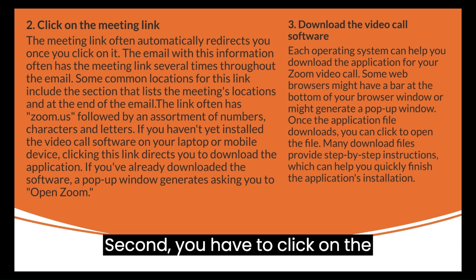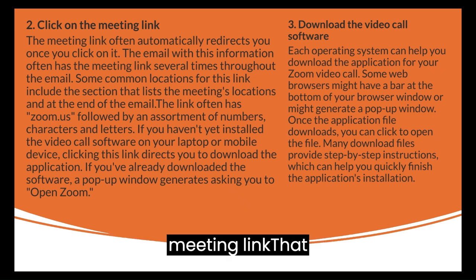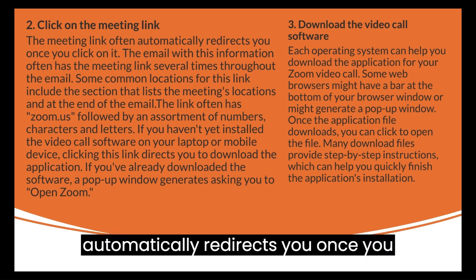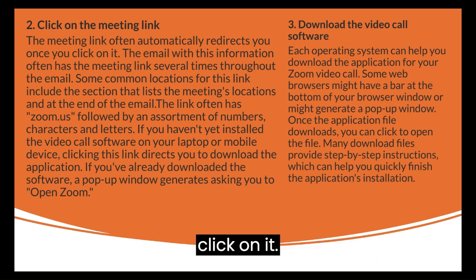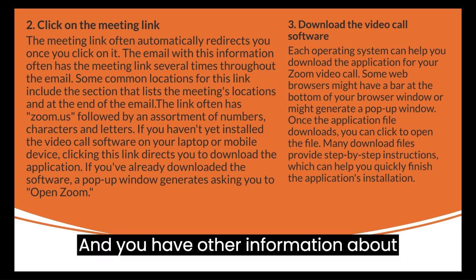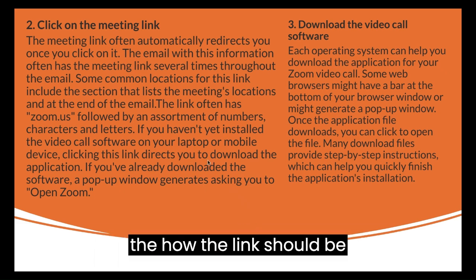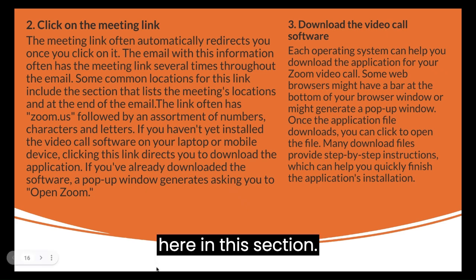Second, you have to click on the meeting link, which automatically redirects you once you click on it. And you have other information about how the link should be here in this section.